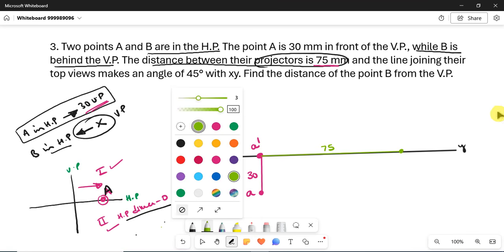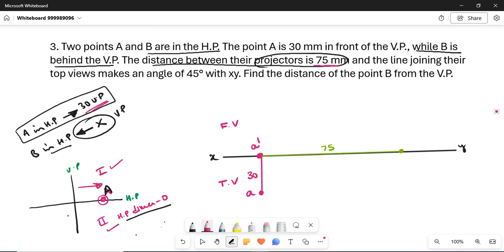So we can see here the B point is behind VP, but in the HP. B behind VP but in the HP means the B point can lie in the second or third quadrant, but we can take either the second or third quadrant.